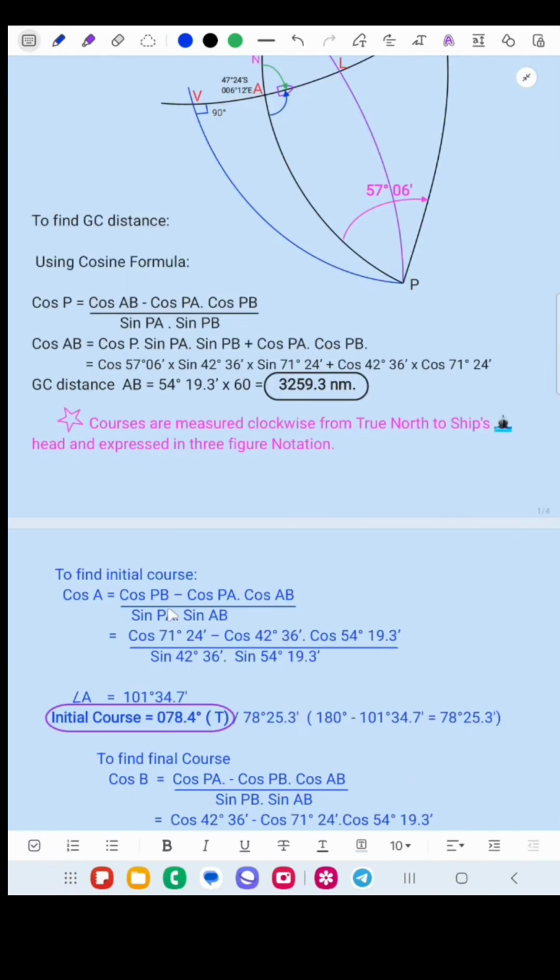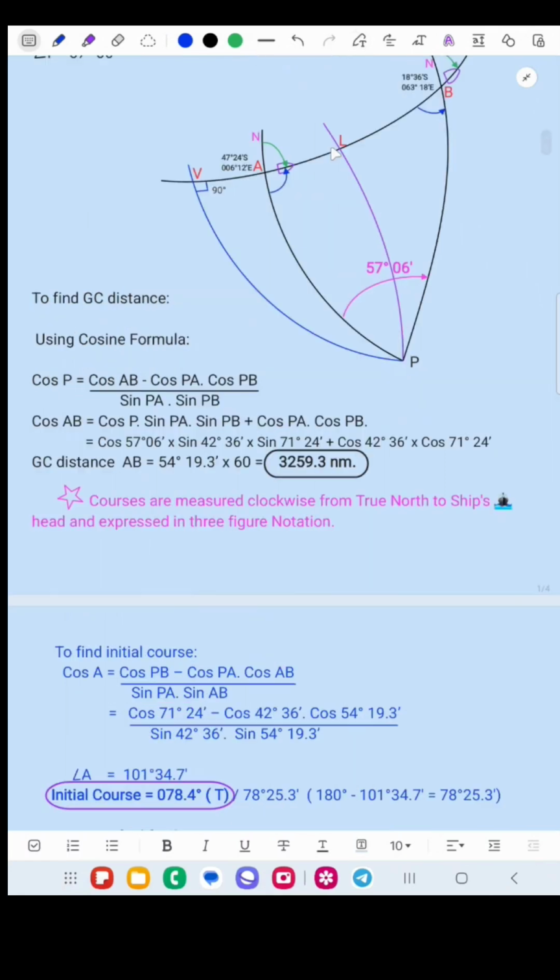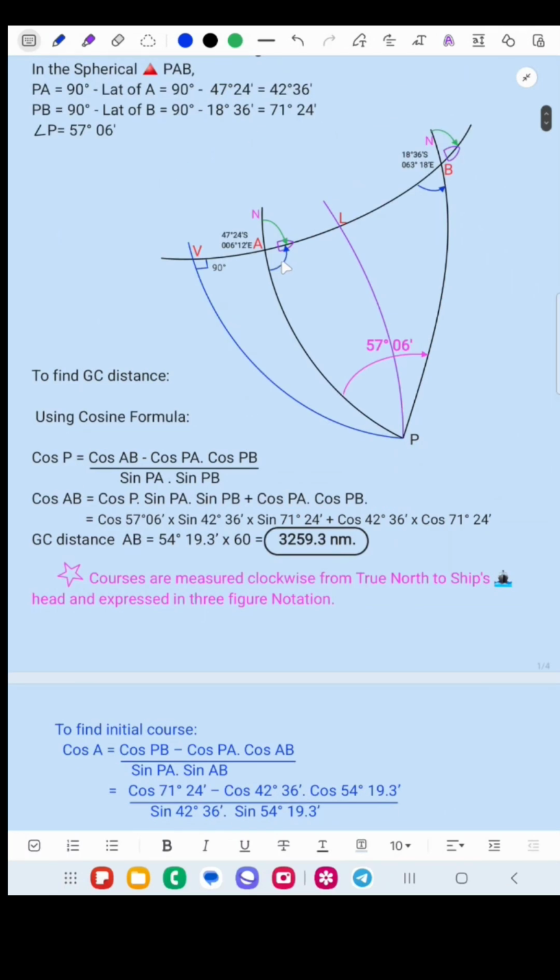We have already calculated PB, PA and AB, so we just put the values and simplify, and we got angle A is 101 degree 34.7. This is the internal angle. When we calculate, we get this internal angle. Same thing goes for final course.